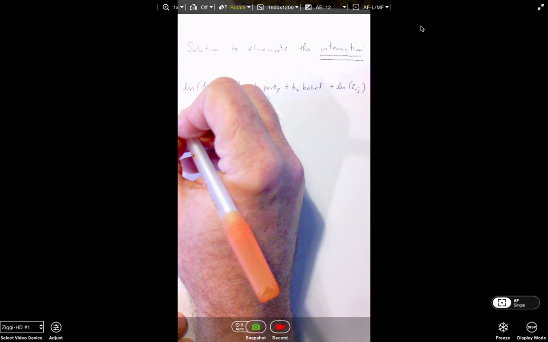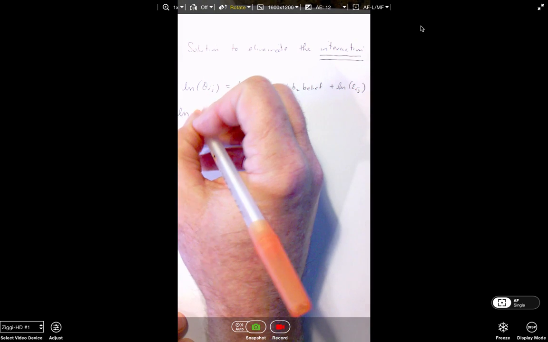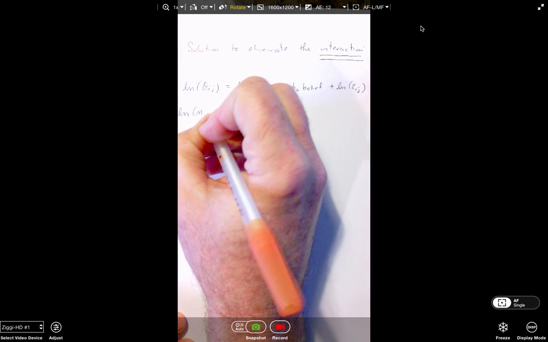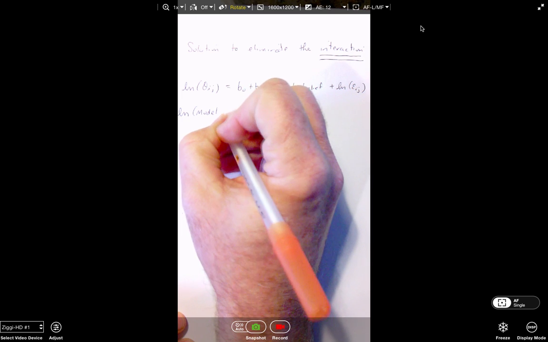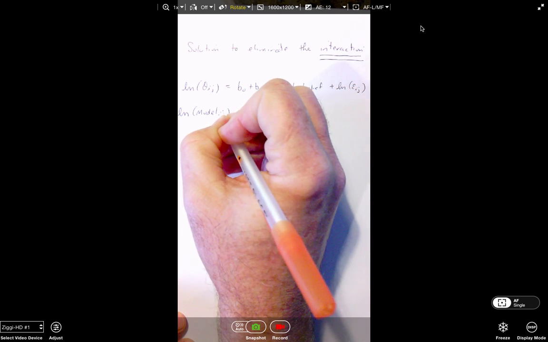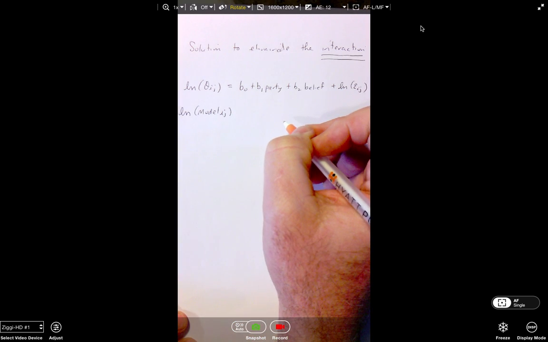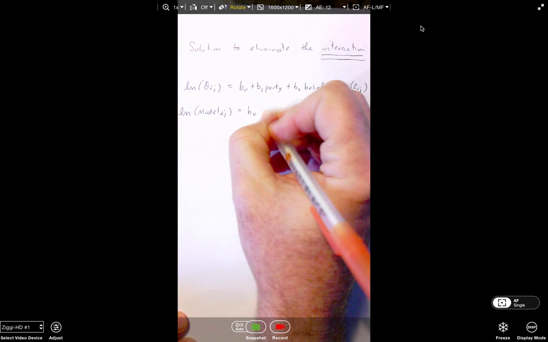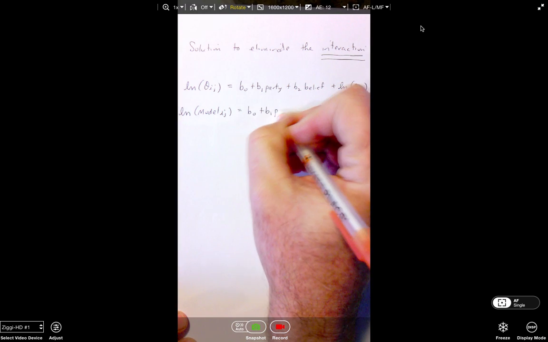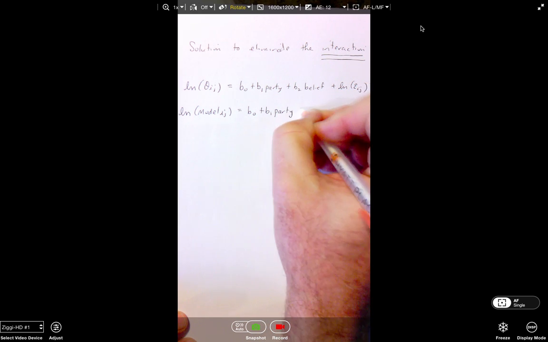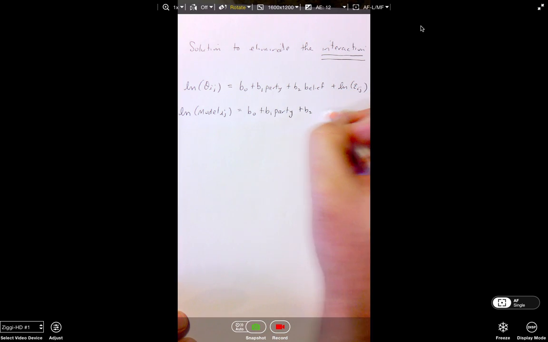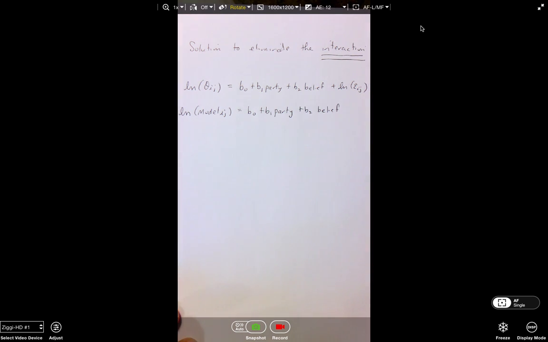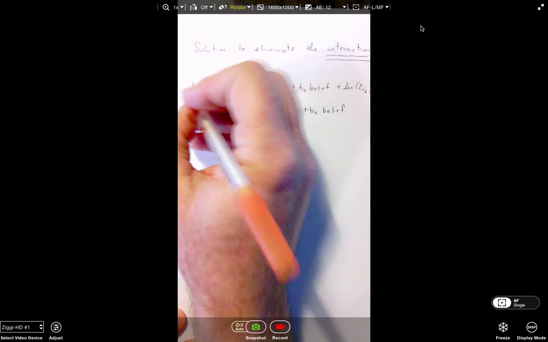This leads us to get the natural log of our model for I sub j being b0 plus b1 party plus b2 times belief. Now, how did I magically go from here to here?